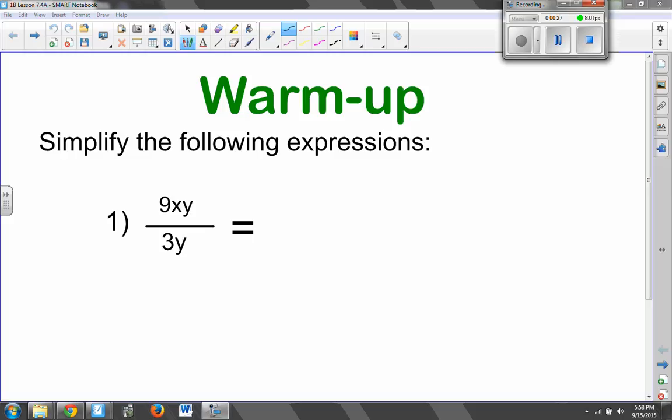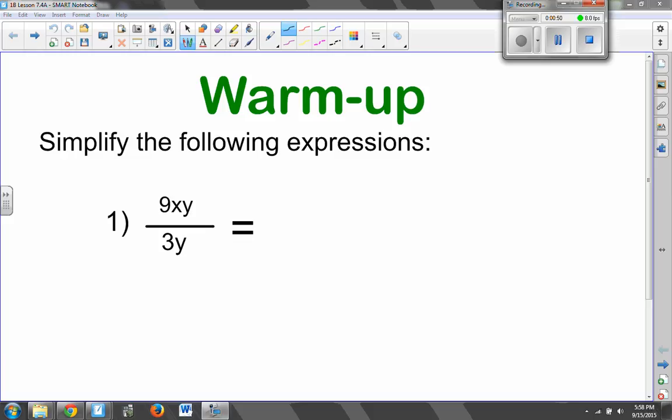Okay. To start with, let's look at this expression here. 9 times x times y over 3 times y. Now I hope that you know that when you see something in the top and the bottom of a fraction, you are allowed to cancel those things out and simplify that fraction down further.